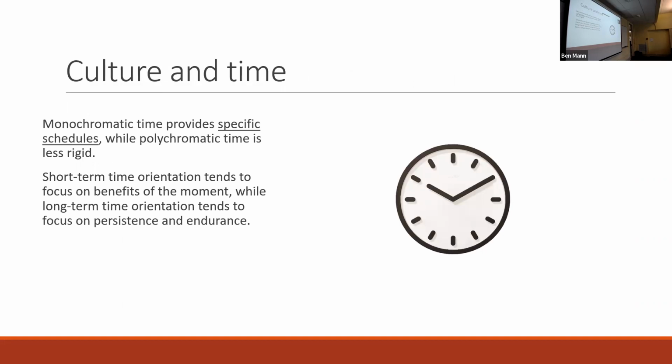So one of the key ideas here is about culture and time, right? And there are a few different ways that we can think about this as it pertains to group meetings and participation. One of the ways we can think about this is monochronic versus polychronic time orientation, right? In a monochronic time orientation, the culture group is very concerned with keeping strict times.